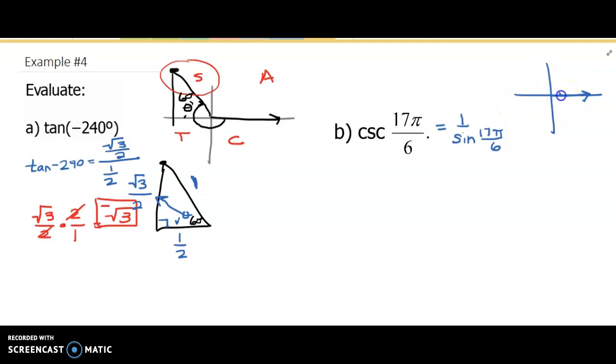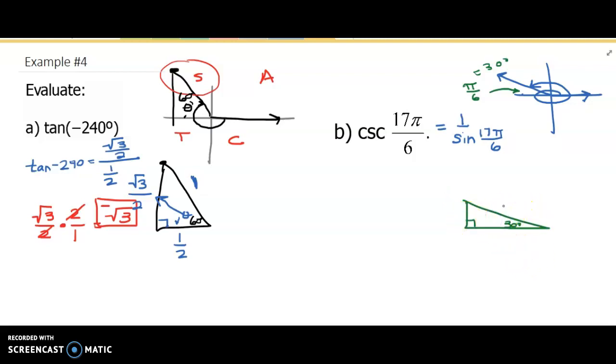So there's 6 pi over 6, 12 pi over 6, and 18 pi over 6 would be on the x-axis, so it's just short of that. My reference angle here would be pi over 6. You should know by now that pi over 6 is equal to 30 degrees, so this is essentially a 30-degree angle.